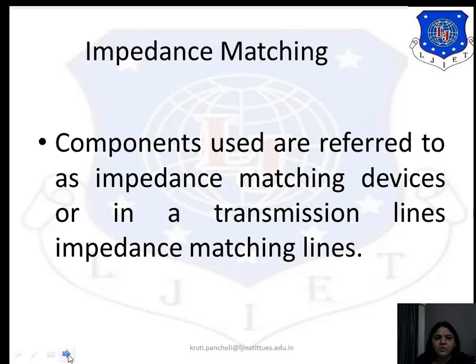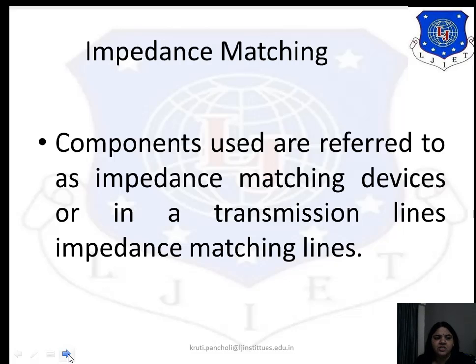We have studied characteristic impedance earlier: it is the impedance at which reflection does not occur. So we don't want reflection at the source end.